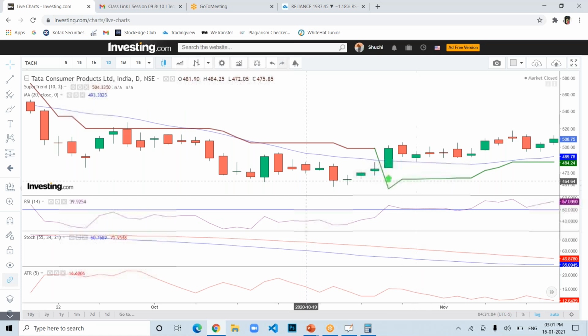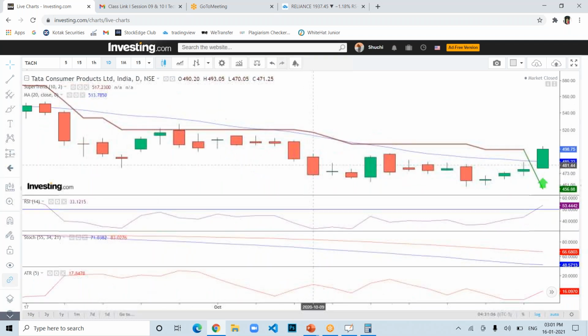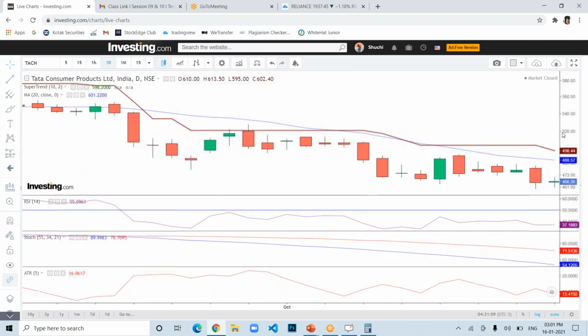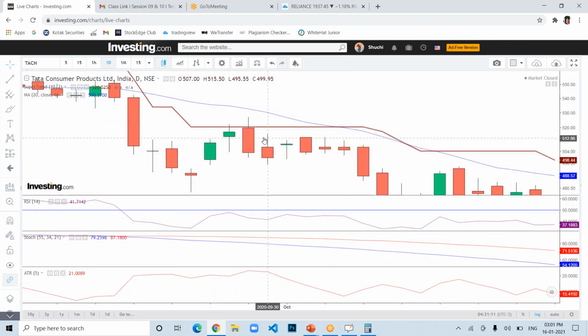ये देखिए, look here. Look at this particular candle. See, RSI is below 50. Blue line is below the red line. So these two parameters are met. Price should be below the super trend, which is true.